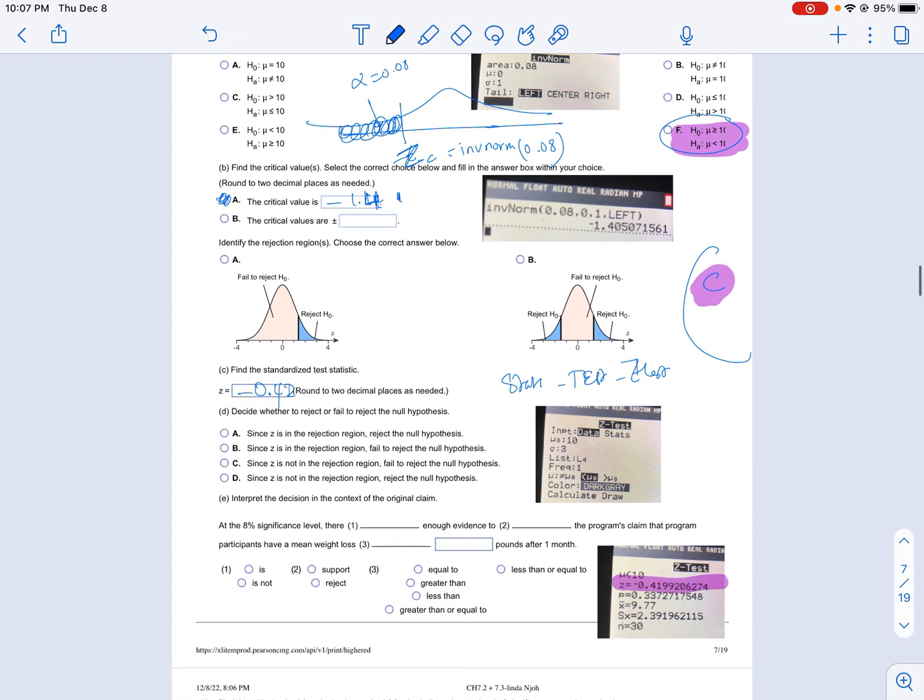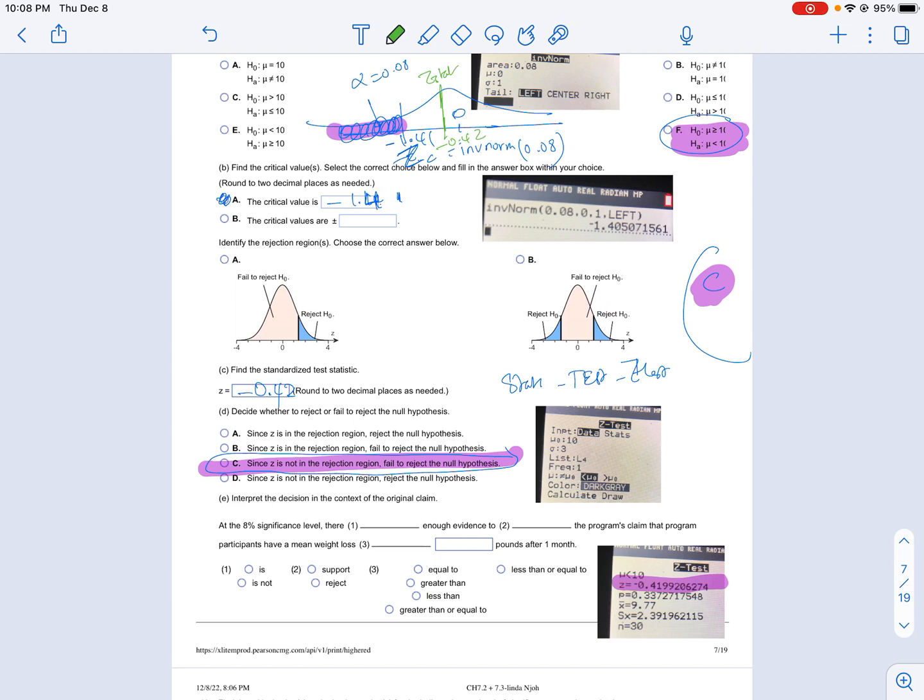So the question is, does it fall, this was negative 1.41, does it fall in the rejection region? No, it doesn't. Z is not in the rejection region, so we fail to reject the null. Look, your negative 0.42 is somewhere here.